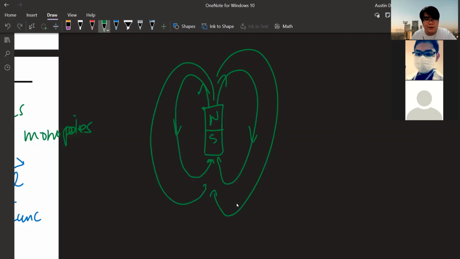And whenever you try to break this down into smaller pieces, makukuha mo na yung smaller pieces, meron pa rin north and south. So you can't continuously break this down, di ba? Makakabuo ka lang din ng magnets.